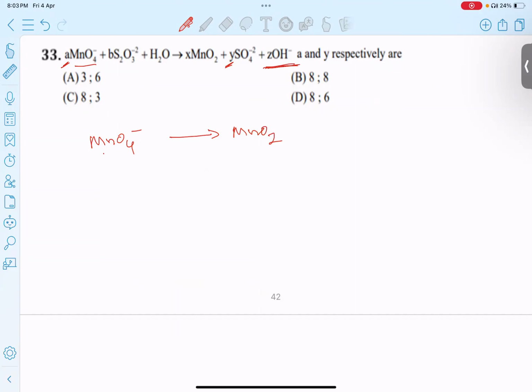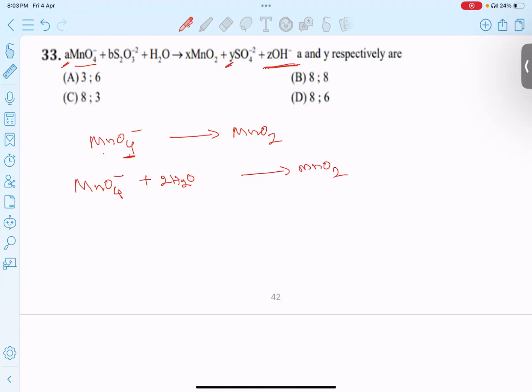In alkaline medium, to balance the oxygen atoms, add water molecules on the side with excess oxygen. There are two more oxygen atoms on the reactant side compared to the product side. Therefore, add two water molecules: MnO4 minus plus 2H2O on the reactant side, giving MnO2.